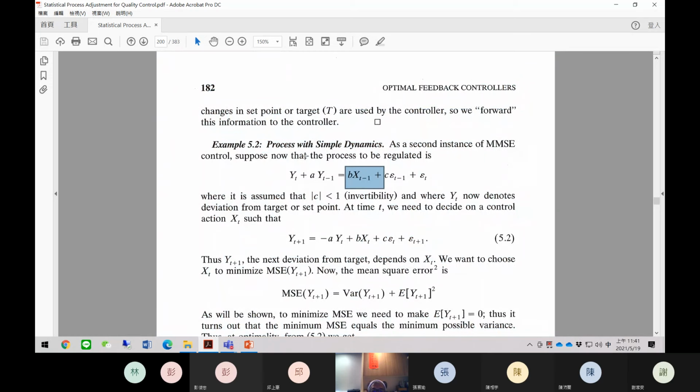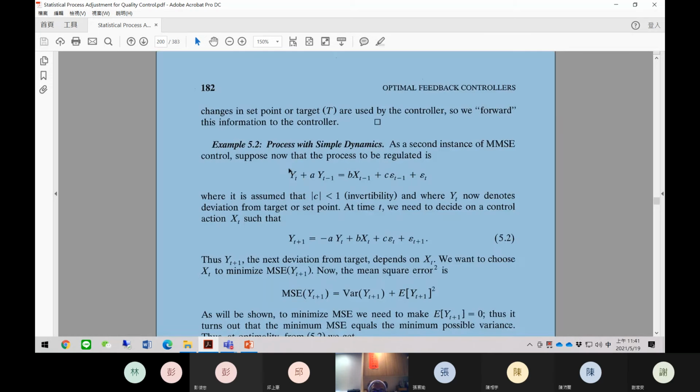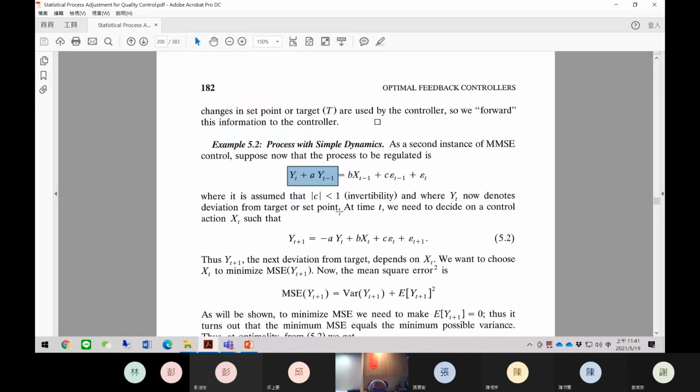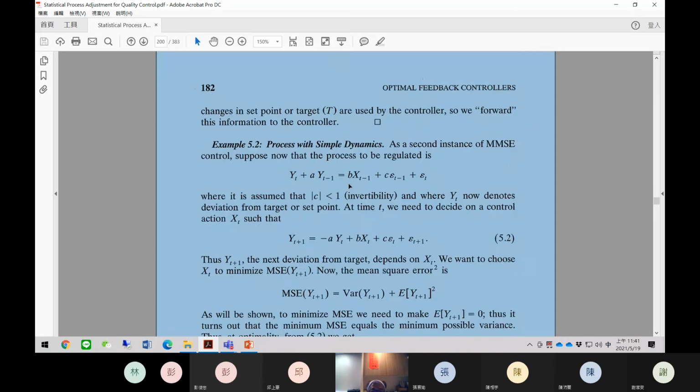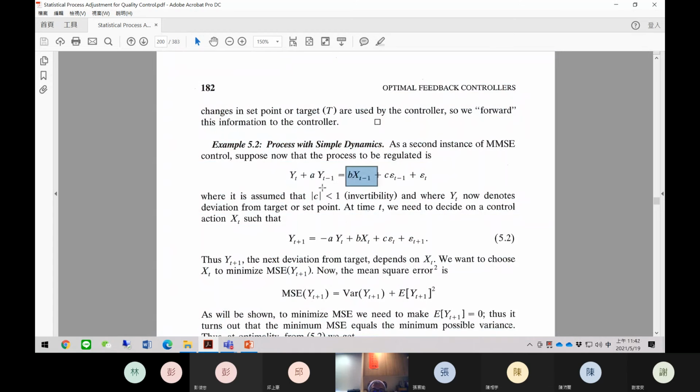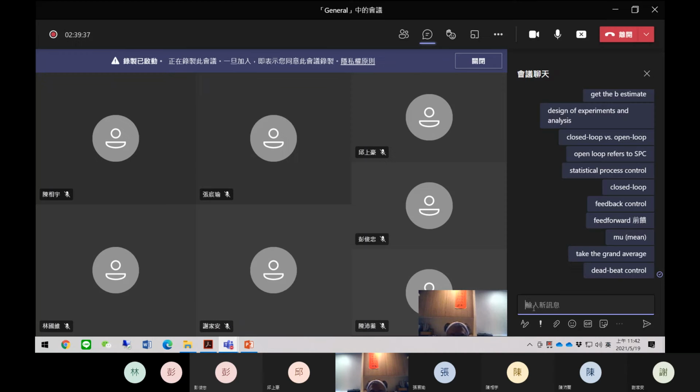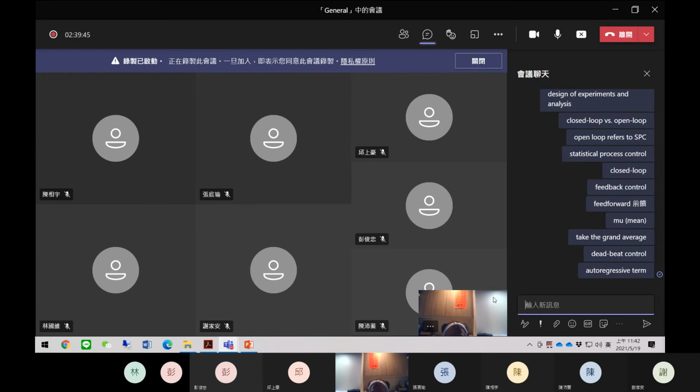Since that's a deadbeat for sure, we then have a system dynamic in terms of the autoregressive term. This is AR, this is AR P.